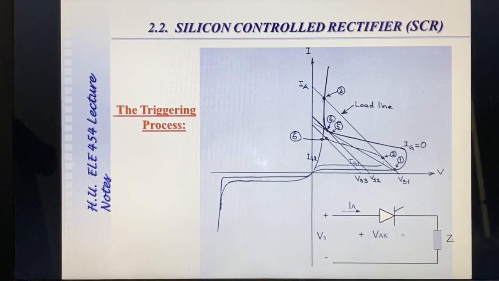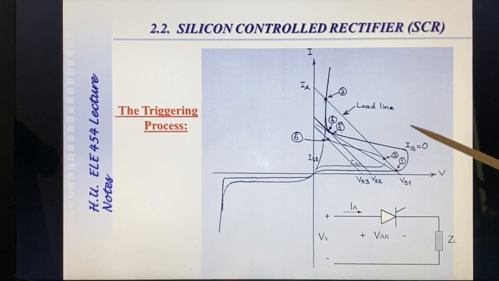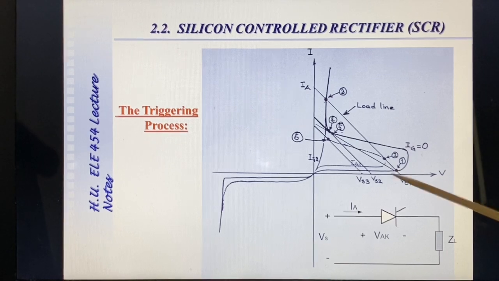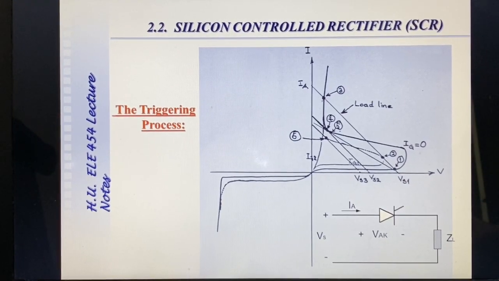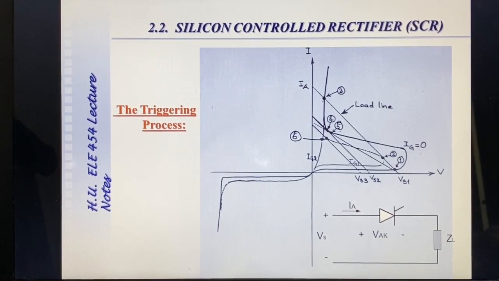But note that the initially non-conducting thyristor intersects the characteristic at the forward blocking region and cannot regenerate because the breakover voltage is higher than the voltage at the intersection point. So the device is in forward blocking state for this particular condition.